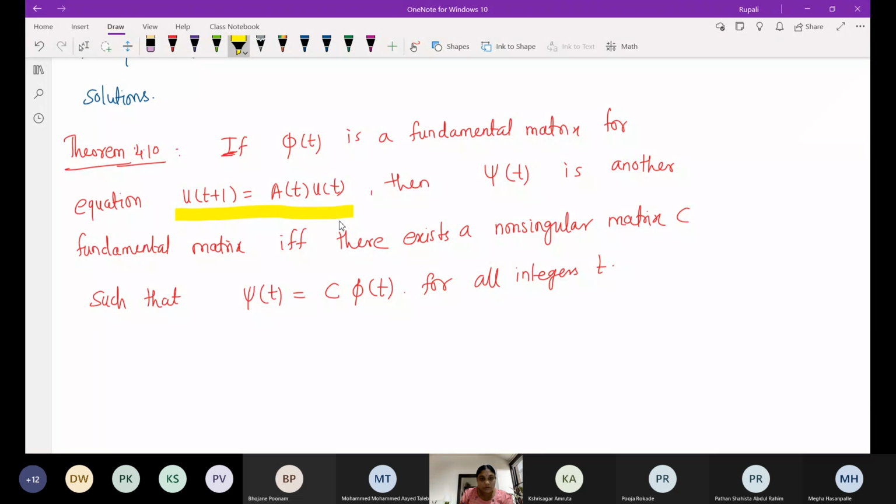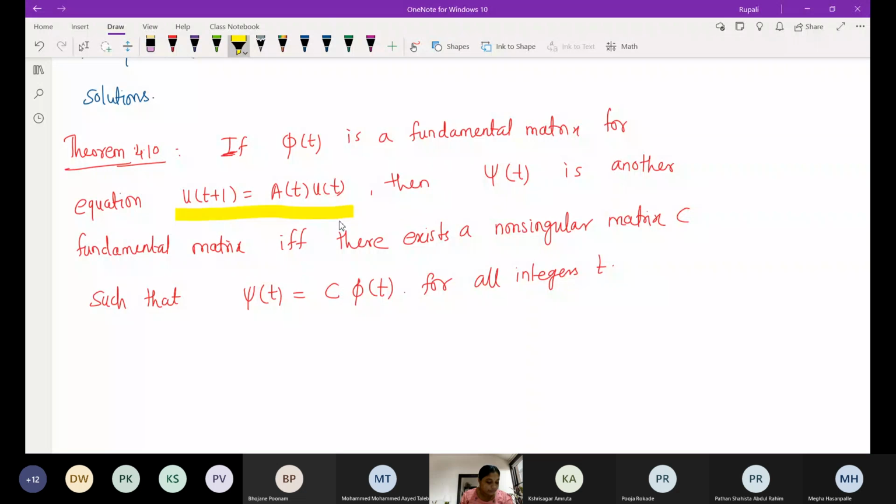This is 4.16. Capital phi t is a fundamental matrix, that is given. Phi t is a solution of the matrix analog, and the determinant of phi t is non-zero for all t, by definition of fundamental matrix. Now what we have to prove? Psi t is another fundamental matrix if there exists a non-singular matrix C such that psi t is equal to C times phi t for all integers t.